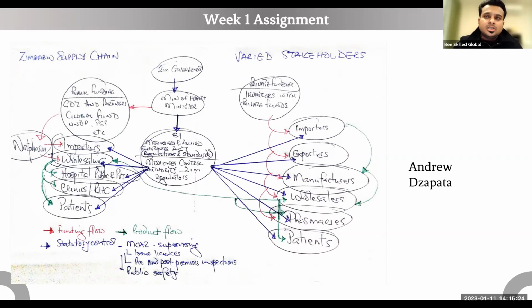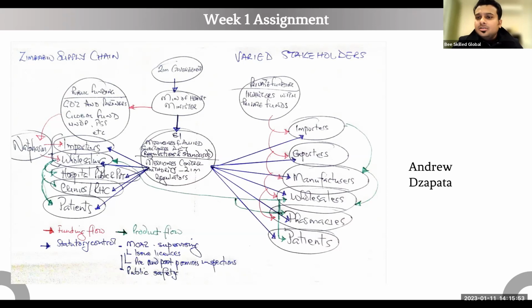There are fewer checkpoints, except of course when the private sector importers or wholesalers are importing, there is a check at the port, and those products have to be registered. But the products come directly from outside of the country to the ports. From there, they go to the wholesaler, and from there, maybe there's a distributor who distributes it to the hospitals, pharmacies, wherever they are needed.